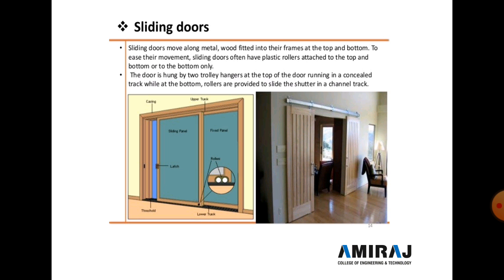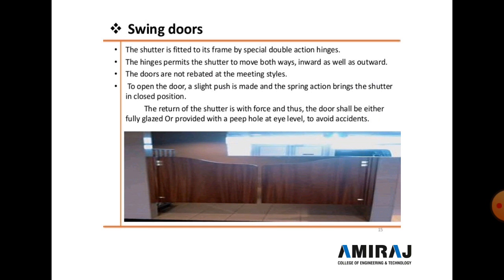Now the next type of door is a swing door. The shutter is fitted to its frame by a special double action hinge. The hinge permits the shutter to move both ways, inward and outward. So when any person comes inside the room or goes outside from the room, when he pulls the door shutter, the door automatically opens, and then automatically closes after going out.